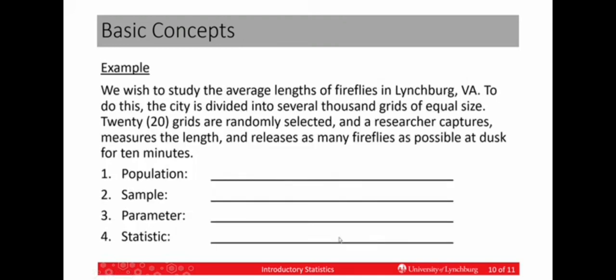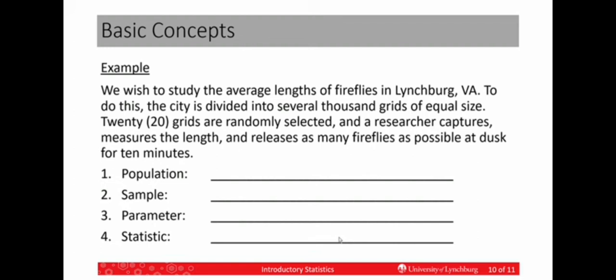We want to study the average lengths of fireflies in Lynchburg, Virginia. To do this, we're going to use a little sampling theory. We're going to divide the city up into several thousand square grids of equal size. What we're trying to do is make it small enough that if we send one person to a grid, they can easily handle or measure the fireflies on that one grid.